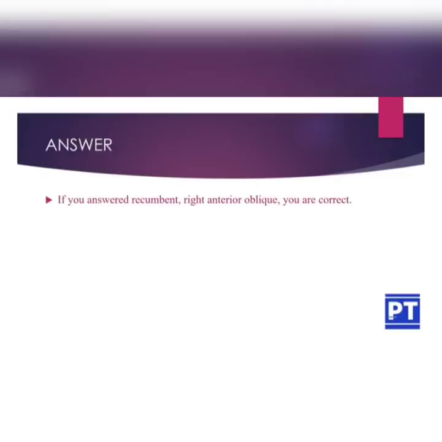So, if your answer is recumbent right anterior oblique, you are correct. In the first image, we have seen the patient is standing and the anterior aspect is in contact. While in the second image, we have seen the patient is in recumbent position and the patient's anterior aspect is in contact with the image receptor.